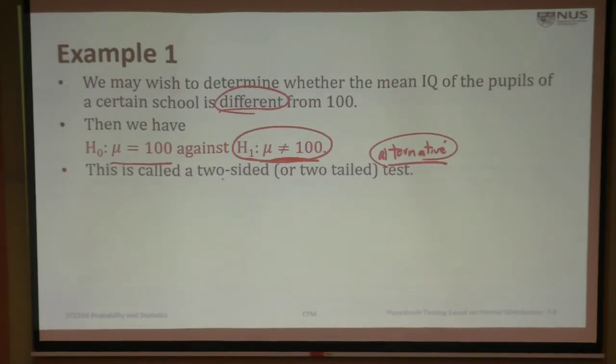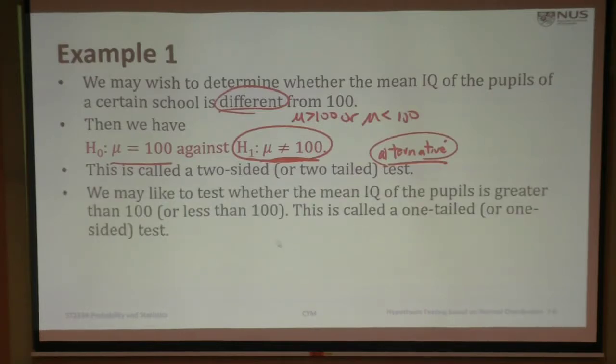It's a little misleading here, but later on we will talk about what a test is. Why is it two-side? Because mu does not equal 100 is equivalent to mu greater than 100 or mu less than 100. So it's two-side, all right?